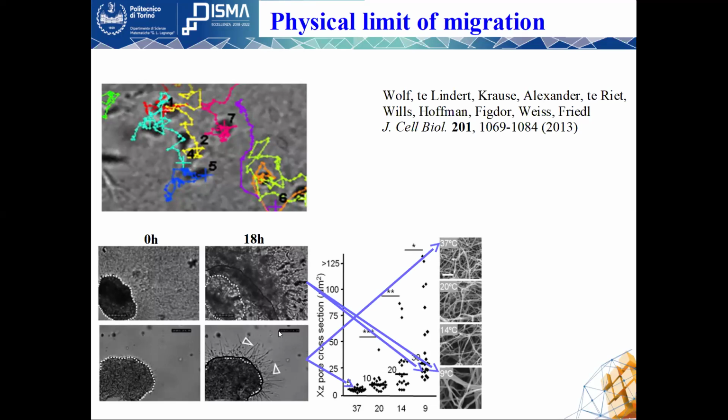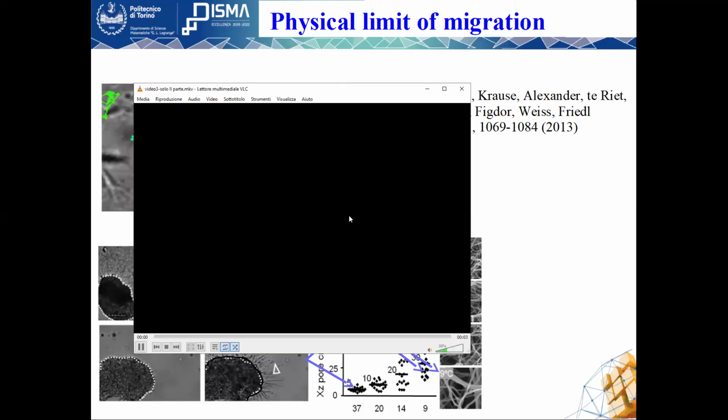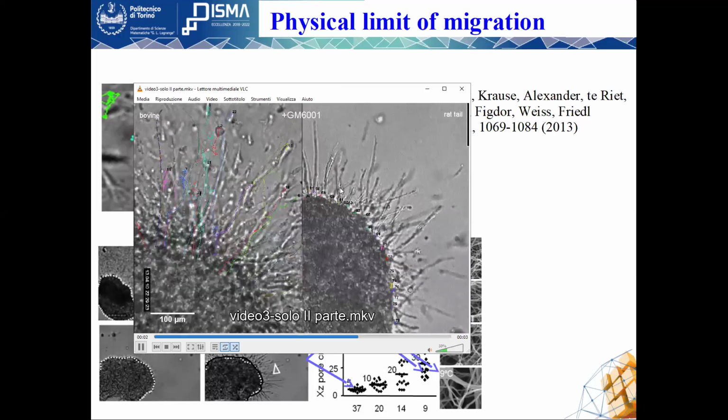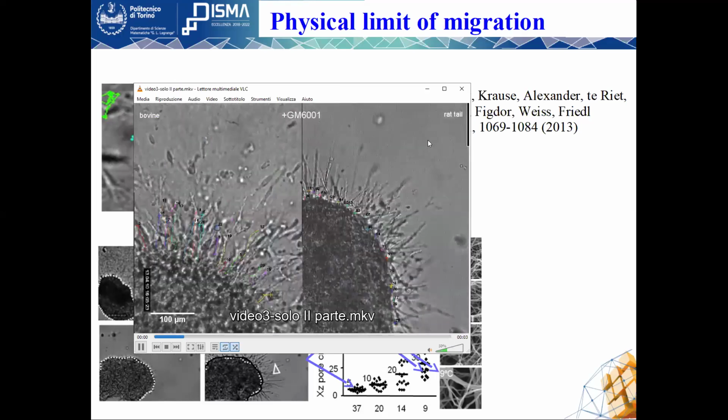And the same dynamics holds also for spheroids. These are not cells, these are spheroids, and you will see that the spheroid on the right is contained by the gel.